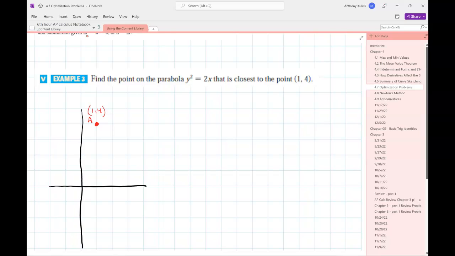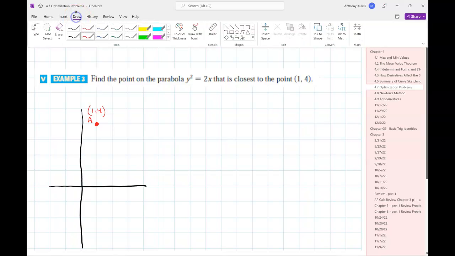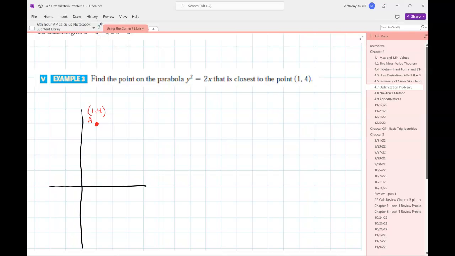All right. How do I graph this parabola y squared equals 2x? I'm just going to pick values for x and then plug in the corresponding values for y, right? What value of x do you suppose I'd want to start with? I'd do 0. So plugging 0 in for x, y has to be 0, right? Plug 1 in for x, what does y have to be?